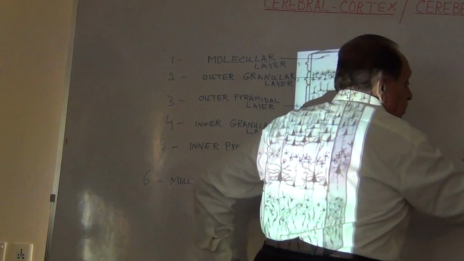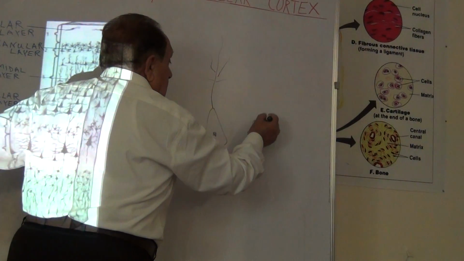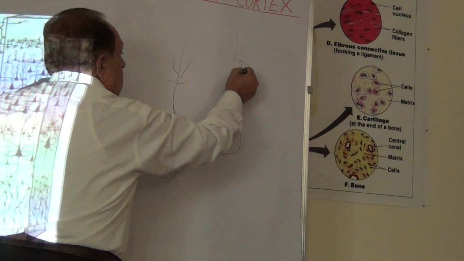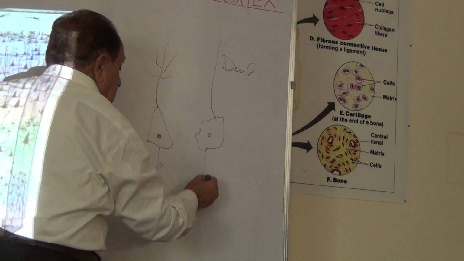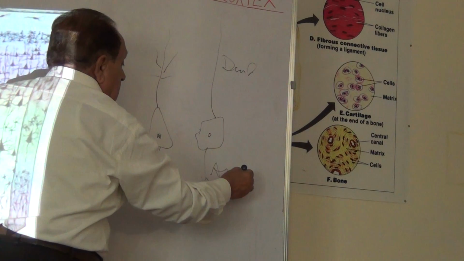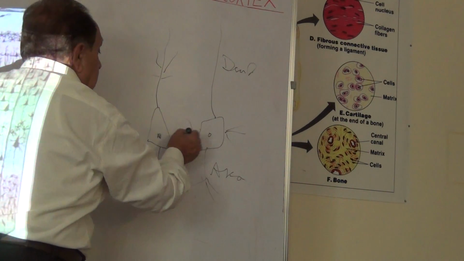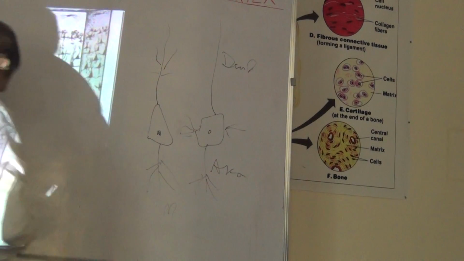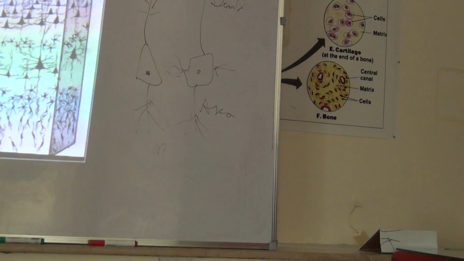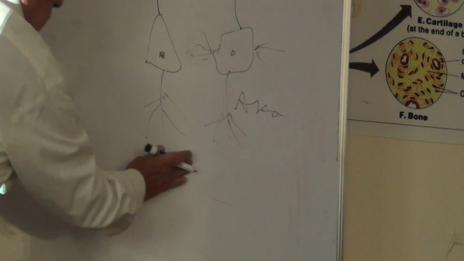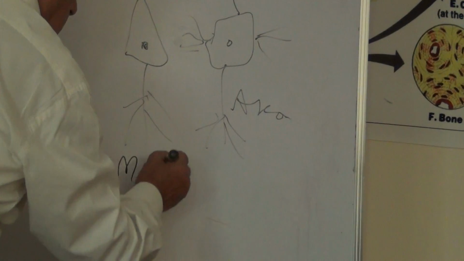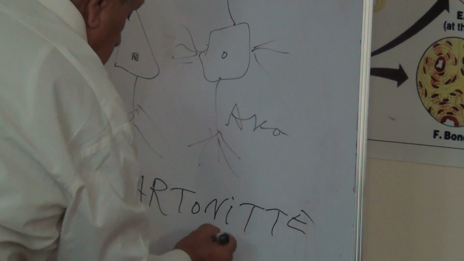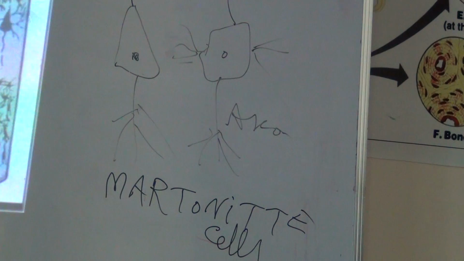These cells have an elongated dendrite, and in the lower portion are the axons, and also from the lateral portion the dendrites arise. This one is the Martinotti cell.